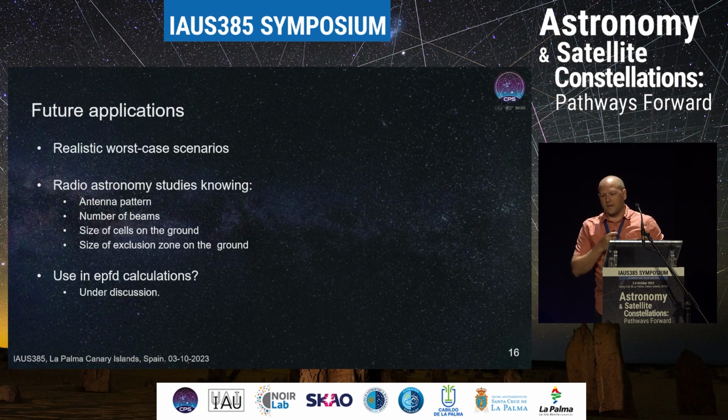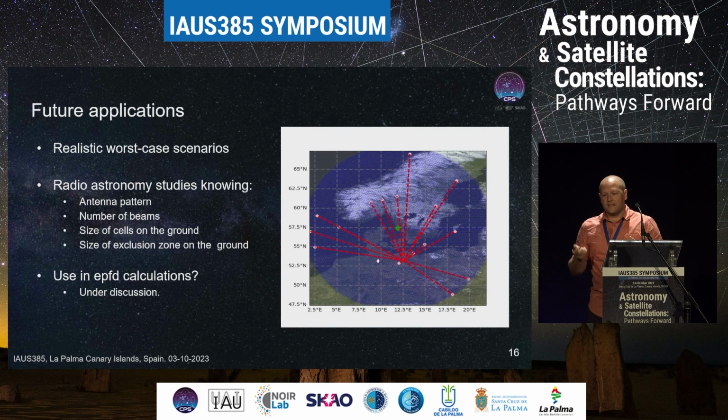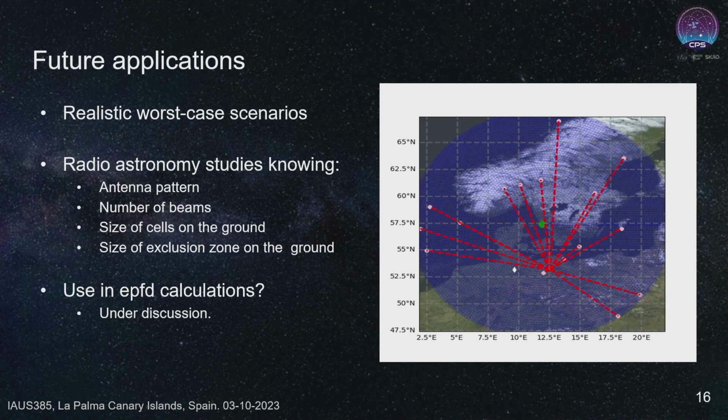So future applications, and I'll finish in a moment. The idea of this is to really be able to do realistic worst-case scenarios, right? If we need to understand how much power our antennas will receive when a satellite actually goes through the beam, you need to have a good model of the satellite, right? Then if there are very few satellites, for example, or you're looking at an area in the sky where you don't have so many satellites, great, you won't see any, and that's fine.